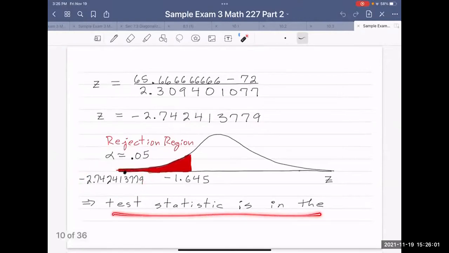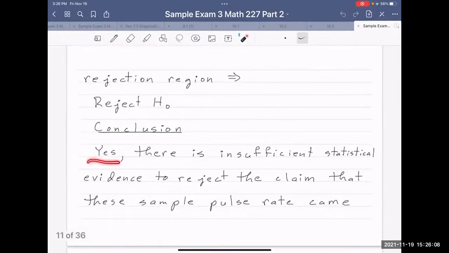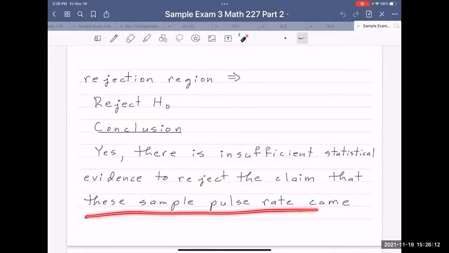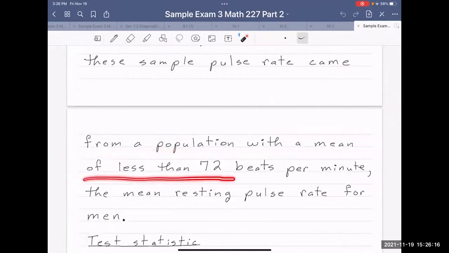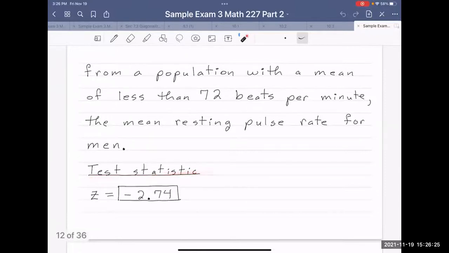So since the test statistic is in the rejection region, I reject the null hypothesis. So there is sufficient statistical evidence to reject the claim that these sample pulse rates came from a population with a mean of less than 72 beats per minute, the mean resting pulse rate for men. And I repeat that the test statistic rounded to the nearest hundredth was negative 2.74.